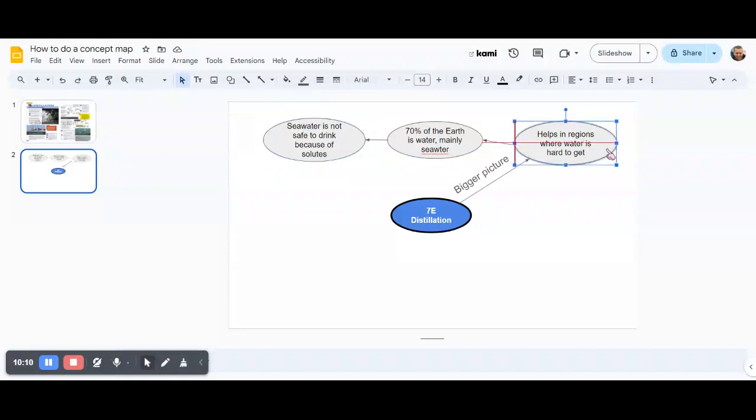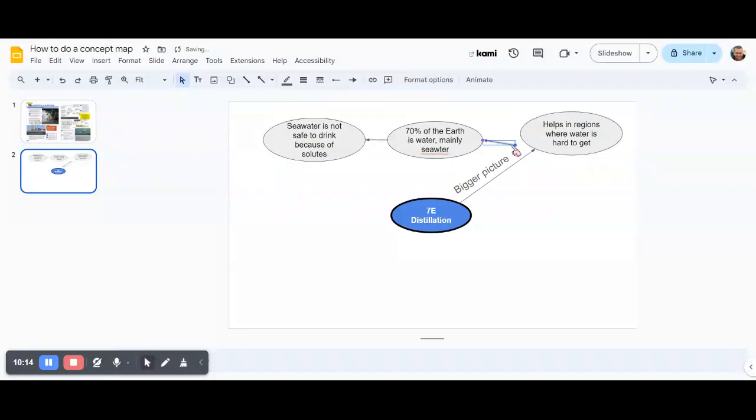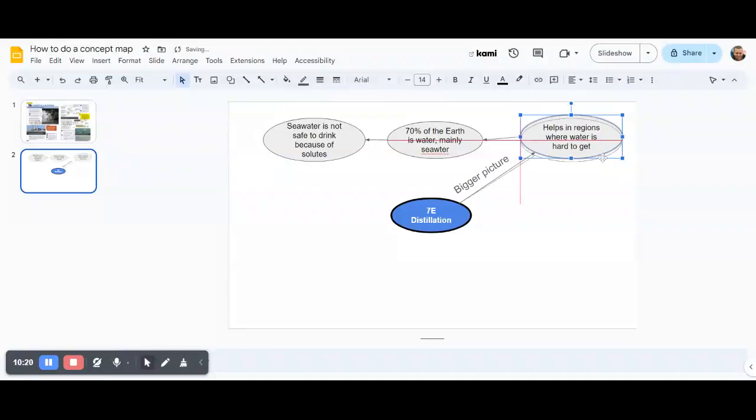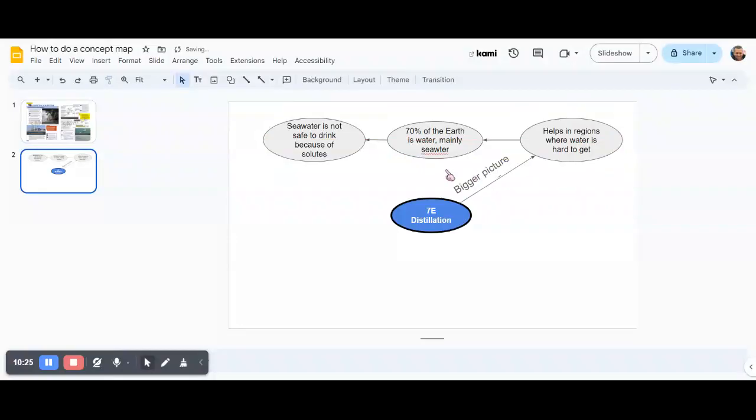Let's make it a little bit neat and tiny. I'll link this one over here and bring this shape down here. Now we're starting to get our ideas together within the concept map itself. That's essentially what a concept map does.